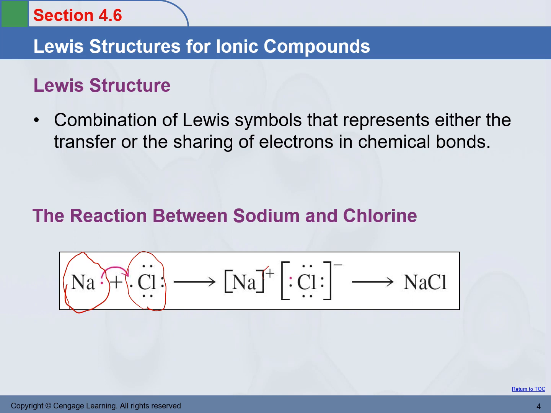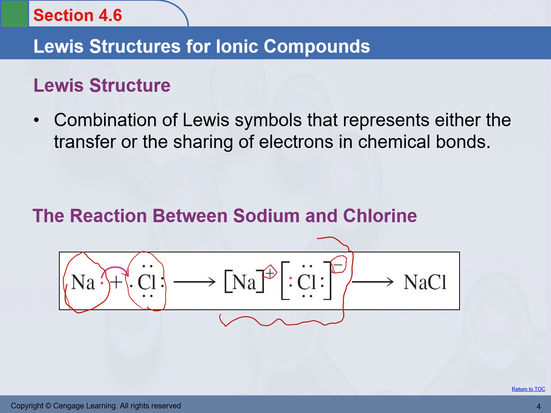Then you put a charge outside the bracket. Chlorine, you still put a symbol inside the bracket. However, you place 8 electrons around it because originally it had 7, gained 1 more, got 8. You put a charge outside the bracket.